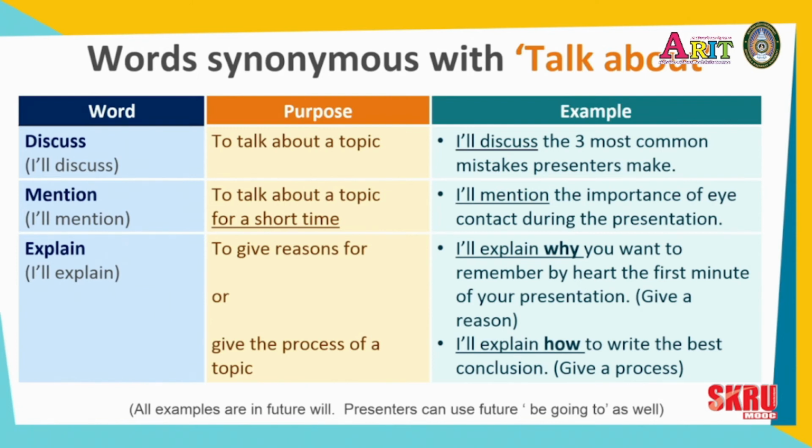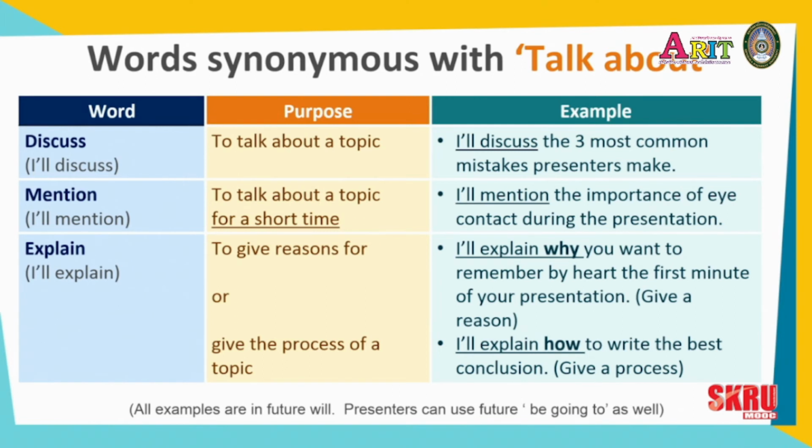Mention has a slightly different meaning because mention means you're going to just talk about it for a short time. And maybe you're not giving a lot of information, just a small bit of information on that topic. So mention has kind of a small, narrow information meaning to it.